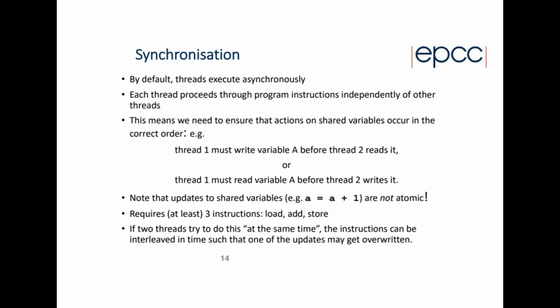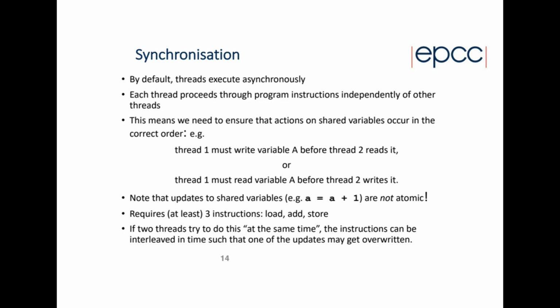Okay, so that brings us on nicely to the next topic, which is synchronization. By default, our threads execute asynchronously. That means that each thread proceeds through program instructions independently of other threads. A thread just keeps on executing by default without knowing what any of the other threads in the program are doing.